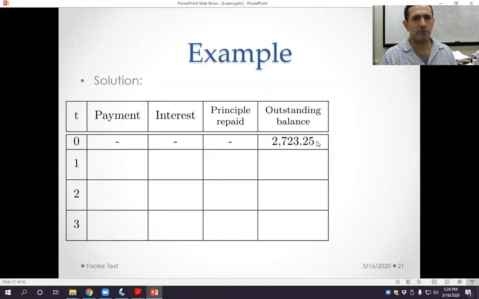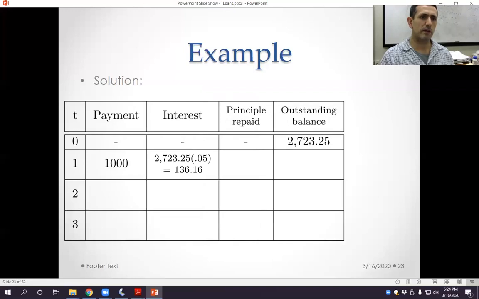So theoretically, for most loans without a prepayment penalty, you could immediately pay it back, and you would pay 2,723.25. Okay, so your first payment is $1,000. Actually, all three of the payments are $1,000.